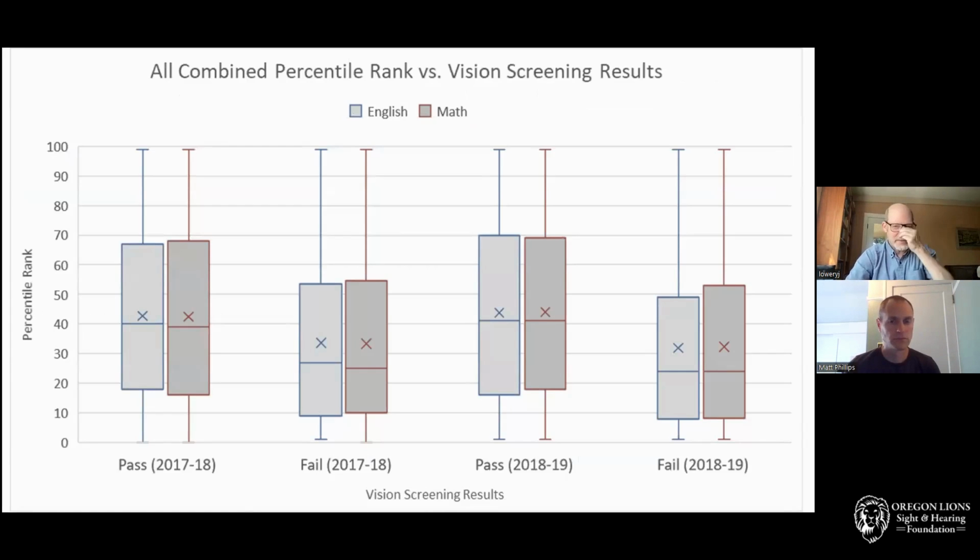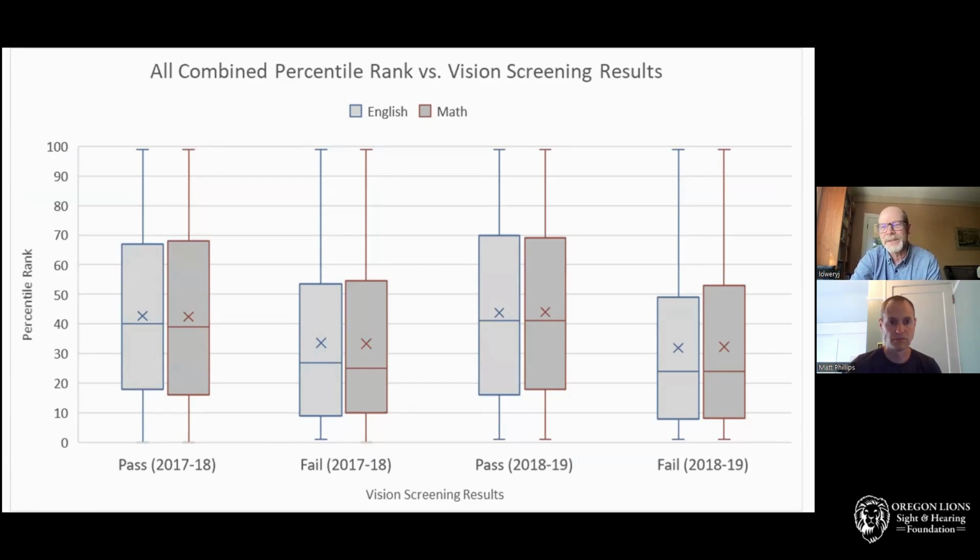So this is a snapshot showing what we found across the 2 years of data that we compared. We compared the children who pass versus fail the screening as a whole, and the children who fail score about 10% lower on both English and math state tests. And this is third grade only.